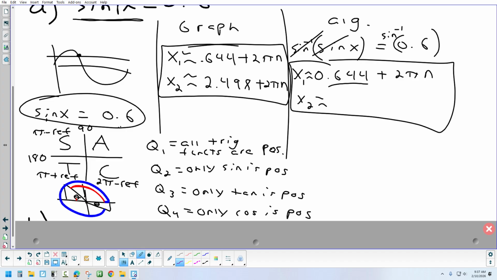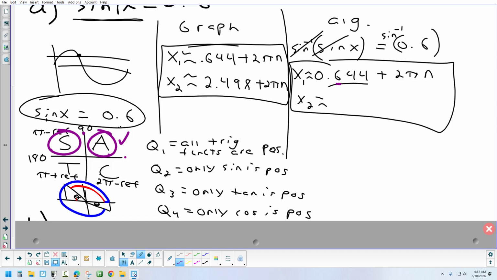Yep. 1 and 2. We already have an answer in quadrant 1. 0.644. How do I know that's in quadrant 1? Well, in radians, this is 0 to pi over 2. That's 0 to 1.57. This is in that range. What I need is the quadrant 2 answer.